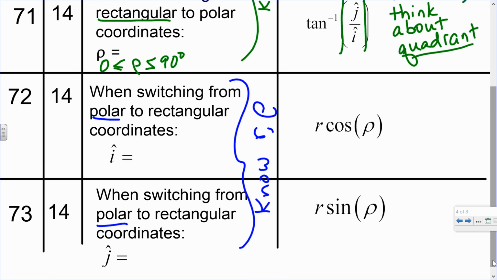Then to get i hat, we will take r cosine rho, and to get j hat, we'll take r sine rho. That will give us two positive numbers, and then we will think about which quadrant to decide if those should be positive or negative.